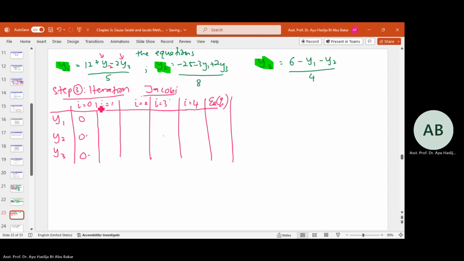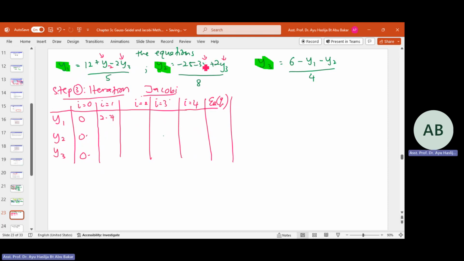Y1, 2.4, correct. Okay, so to find Y2, Y1 over here, using 0 as well. Y3, use 0. Okay, in Jacobi, each iteration uses the previous iteration value.